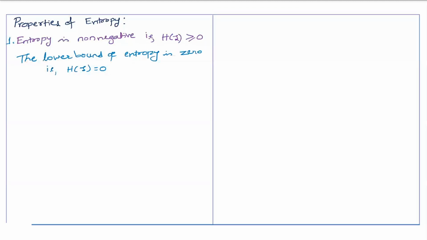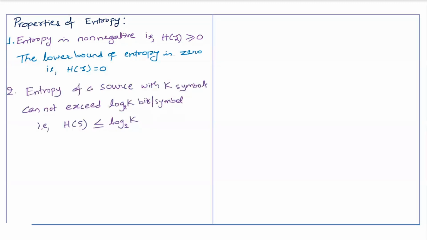It is possible when any symbol has a probability equal to 0, or when a symbol has a probability equal to 1. If a symbol has a probability equal to 1, we say only that symbol occurs and the average information content of that source is 0.